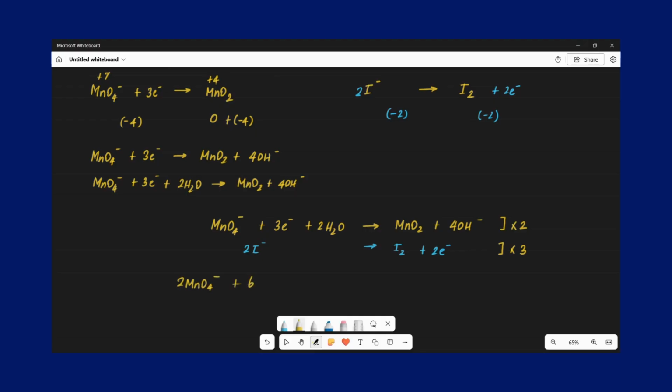So I'll write again: 2MnO4 minus plus 6 electrons plus 4 H2O gives 2MnO2 plus 8 OH minus. If I write the oxidation reaction, it is 6I minus gives 3I2 plus 6 electrons. Now I am going to add them.